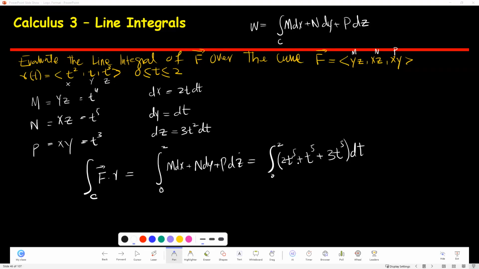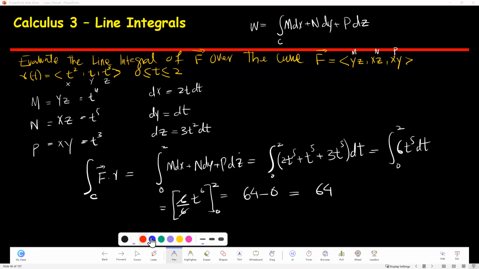If I do this, everything is t^5, so I can say 2 plus 3 plus 1 is 6t^5 dt from 0 to 2. It's a fairly simple integral. We can substitute. It's going to be 6 over 6 t^6, from 0 to 2. So 2 to the power 6 is 64, minus 0. 64 is my answer for this.